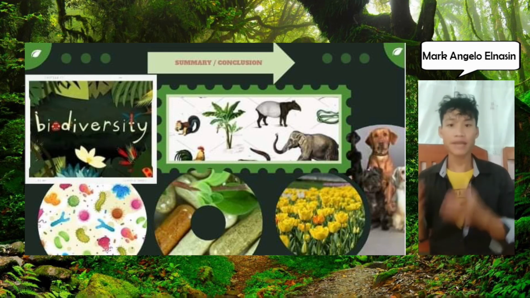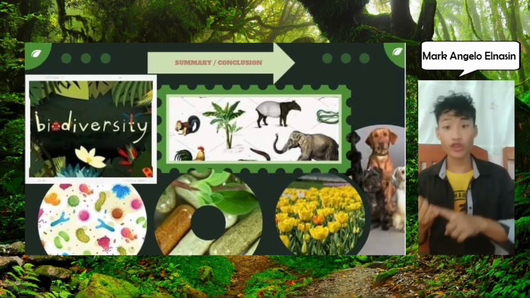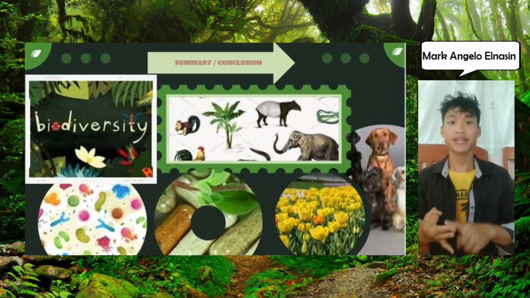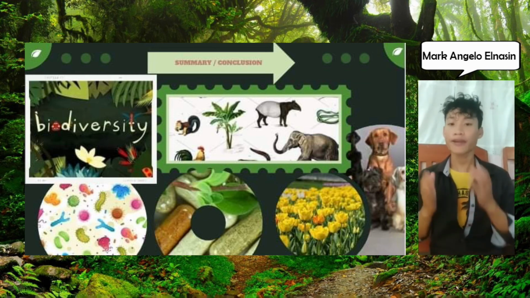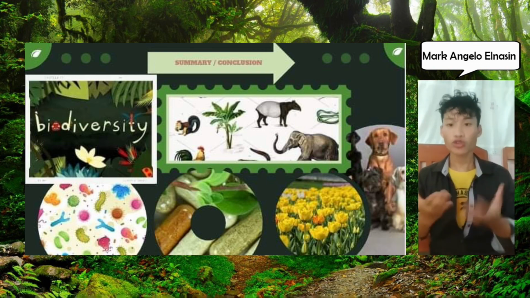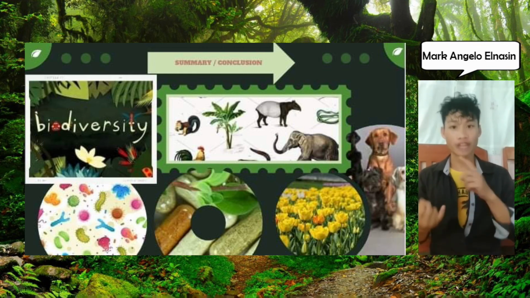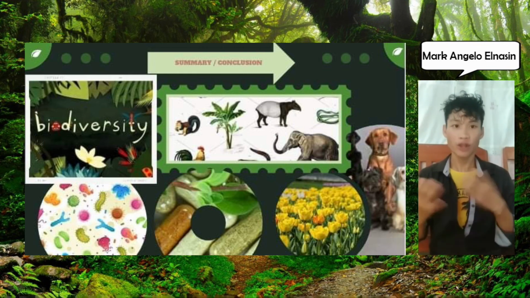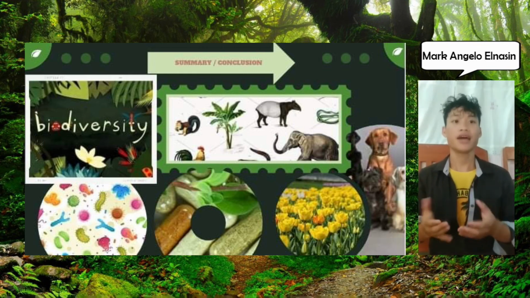So animals and plants serve as food, shelter, medicines, and so on. Also, microorganisms have a vital role in contributing to digestion, promoting development of the immune system, and producing fertile soil.